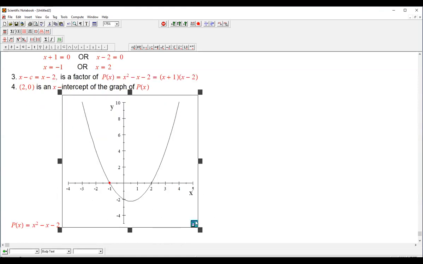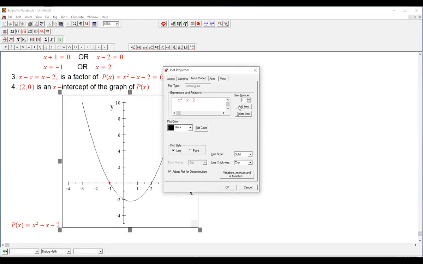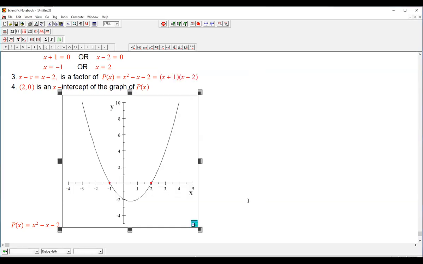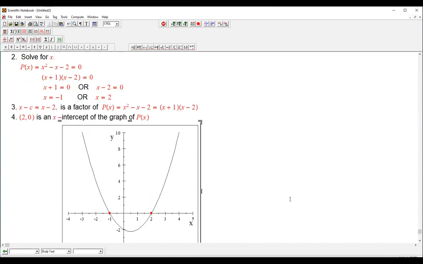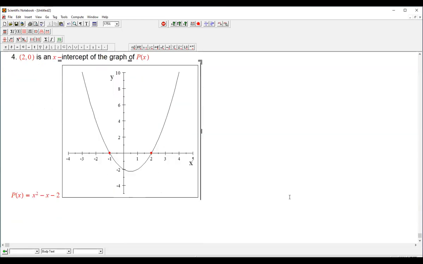So I'm going to mark the other point, another red dot, which is also an x-intercept. Okay, that is the conclusion. What it means is that we have 0 for one factor or the other factor.